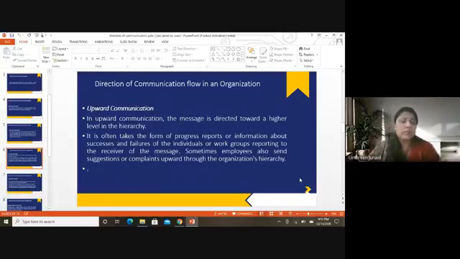to, for example, the GM of the organization, you may not send the message directly to the GM, because if you do so, that message would return to your line manager, and it would be said to you that your message must be sent with the signatures of your line manager. So this is very important, that when upward communication is done, the message is directed towards the higher authority.